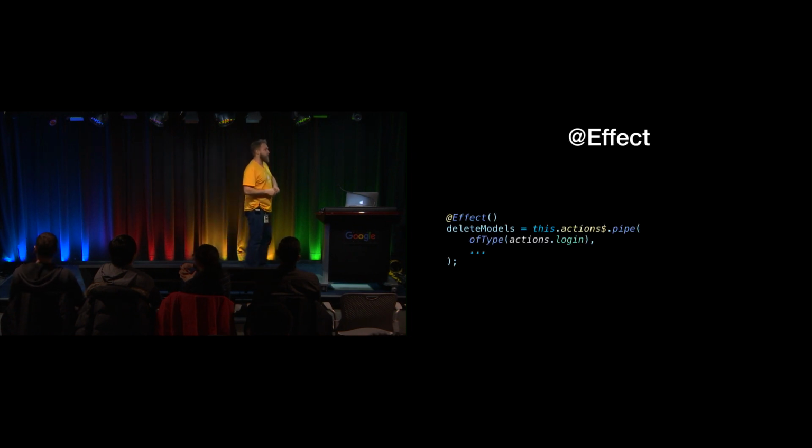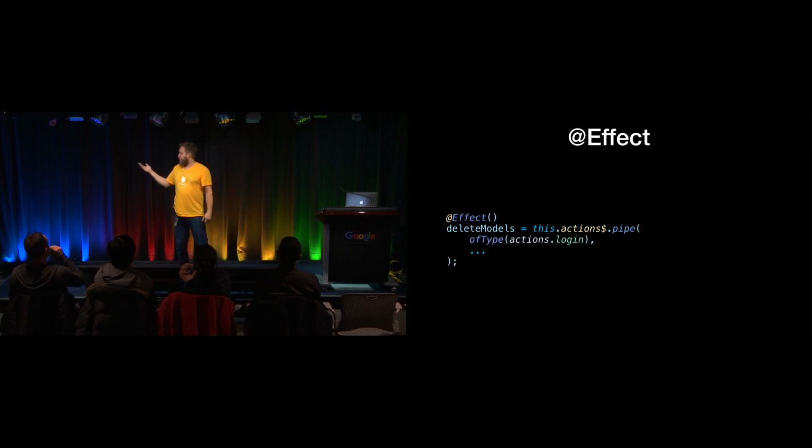Well, before NgRx version 8, we were decorating our effects with the Effect decorator. For example, here it's a property, and to that property we assign something like actions.pipe. This basically needs to return us an Observable of Action.